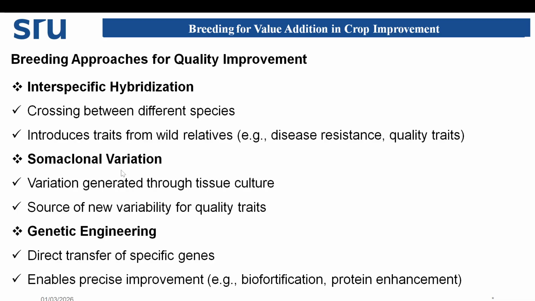Then next, somaclonal variation: variation generated through tissue culture, a source of new variability for quality traits. Next, genetic engineering: direct transfer of specific genes. It enables precise improvement, for example, biofortification or protein enhancement.